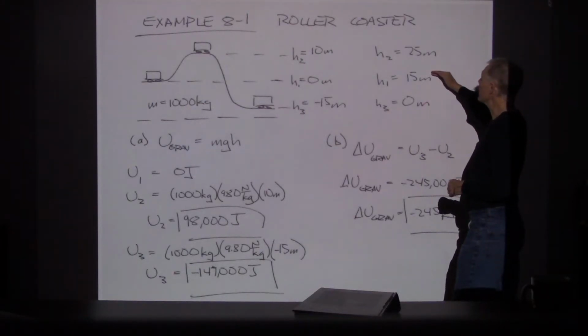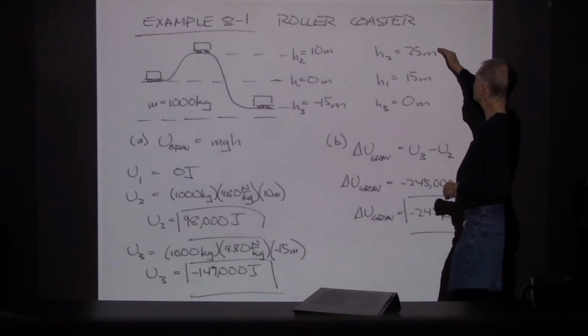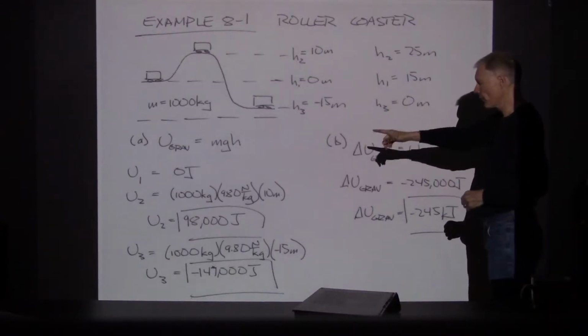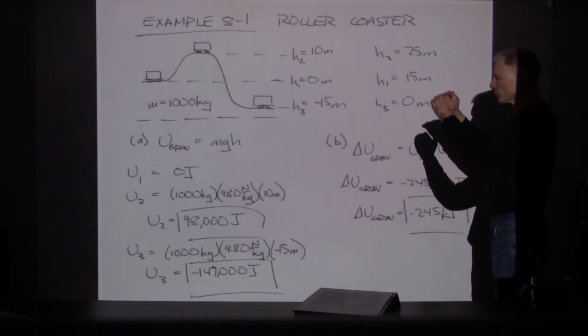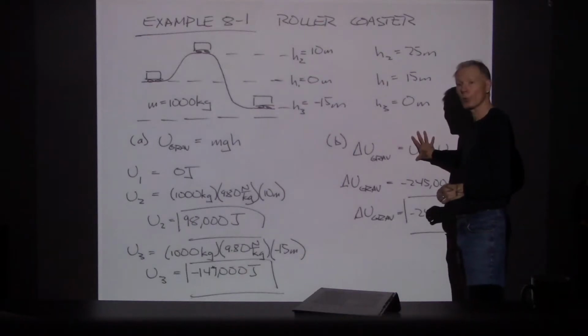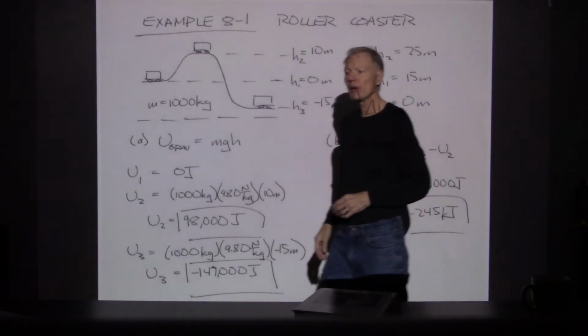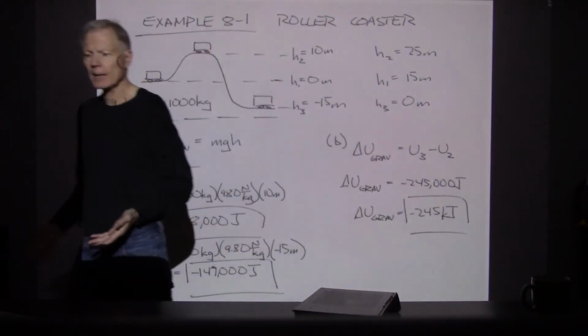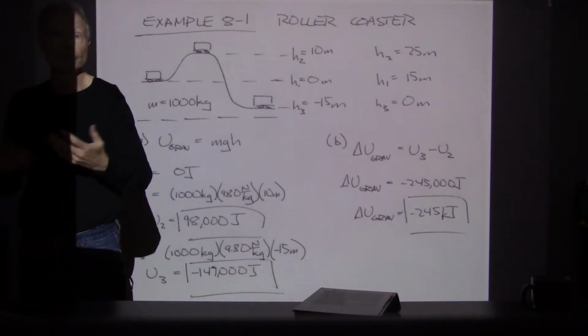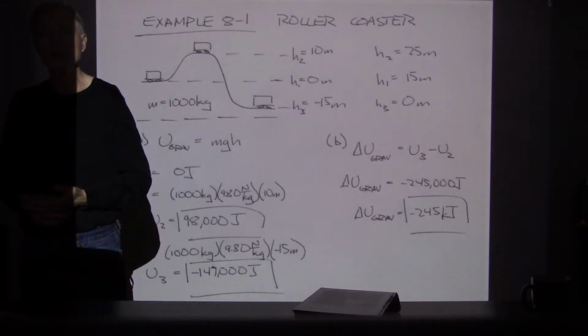H1 then would be at 15, and H2 would be at 25. We could take these numbers and define a set of potential energies for those 3 different levels. They'd be different, but the differences would work out to be the same. So at the end of the day, it's only the differences in potential energy that will show up in our calculations.